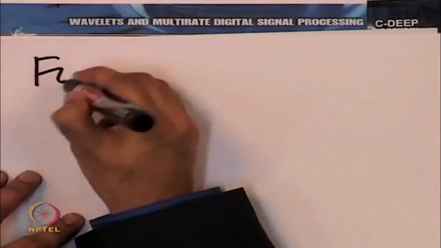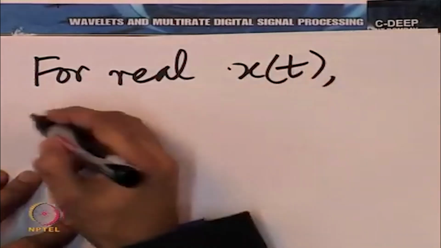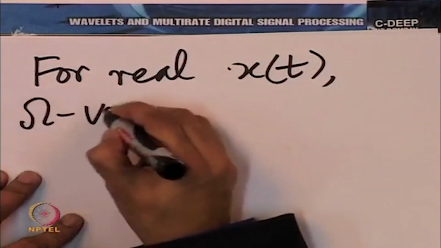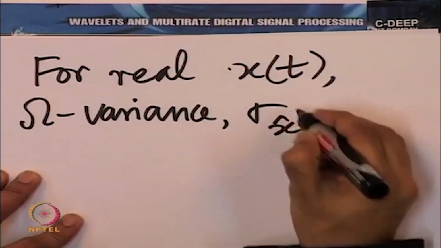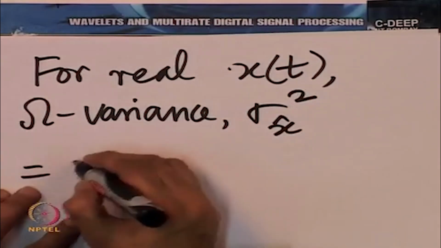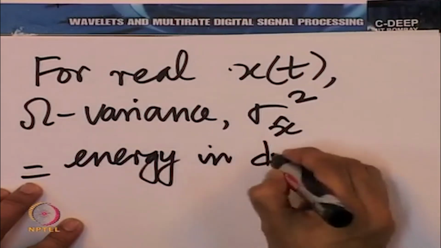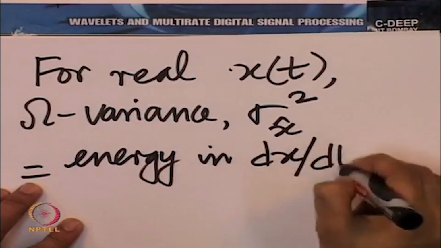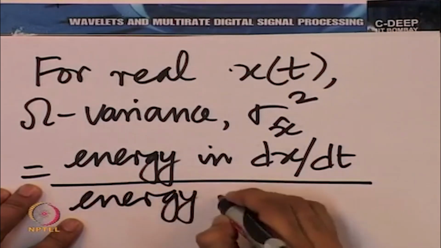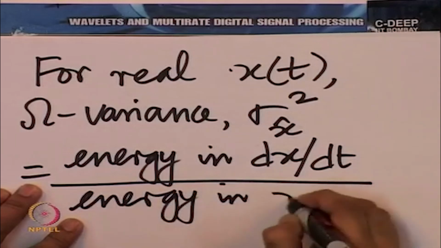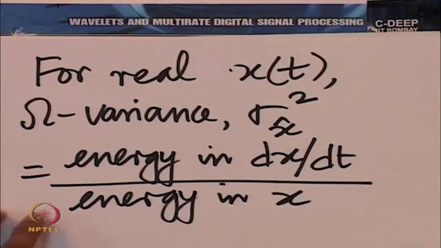For real functions, for real x t, the frequency variance, omega variance or sigma x cap squared is essentially the energy in dx t dt divided by the energy in x, or the L2 norm squared of the derivative of x divided by the L2 norm of x.